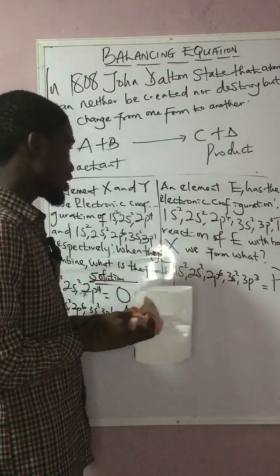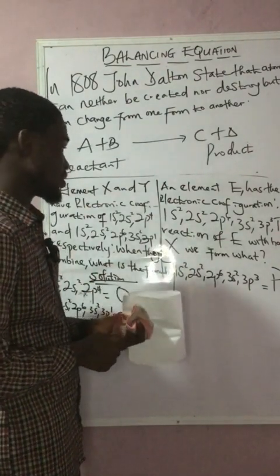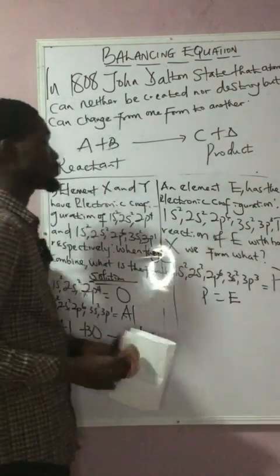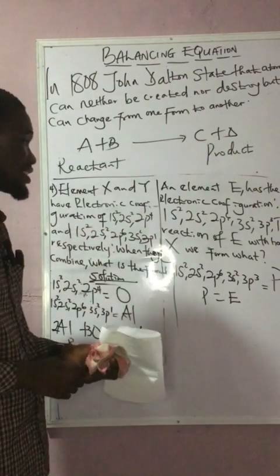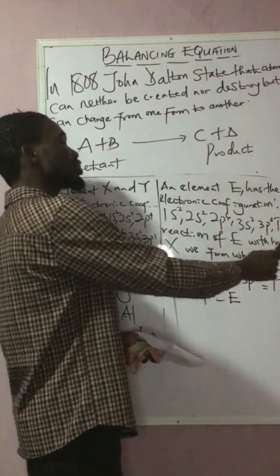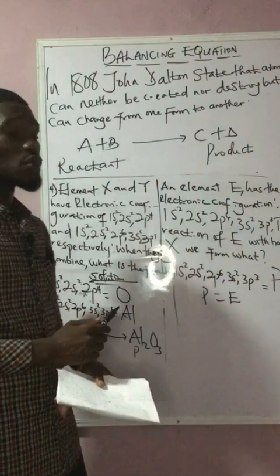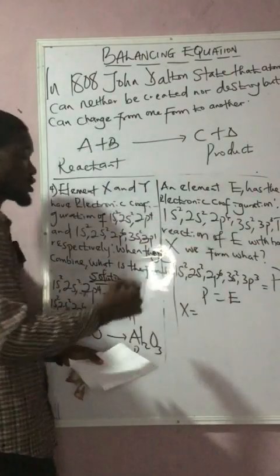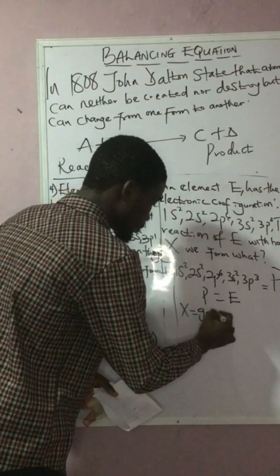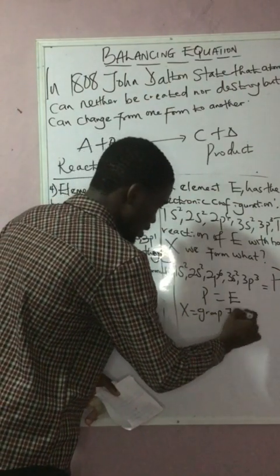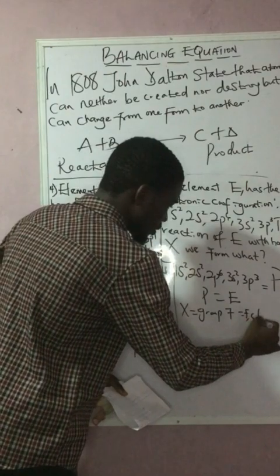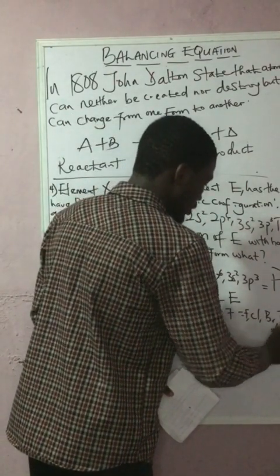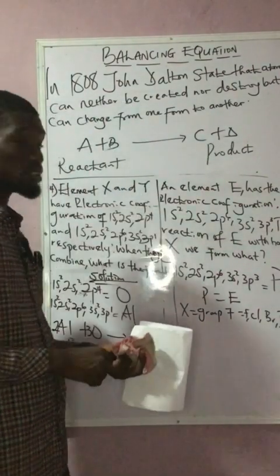And they said the reaction of E, so our phosphorus is taken to be E, with halogen X. So meaning that the halogen is being represented with what? X. So among all the halogens, starting from group 7, we have fluorine, chlorine, bromine, iodine. These are the 4 common ones.